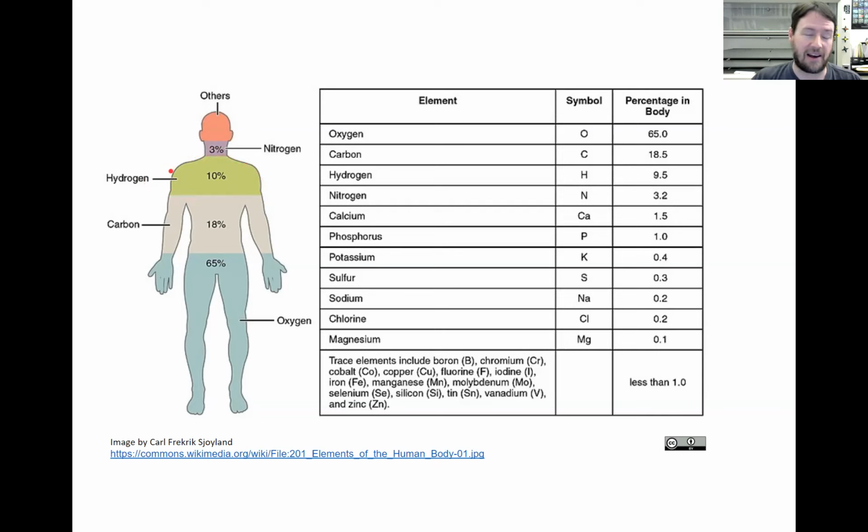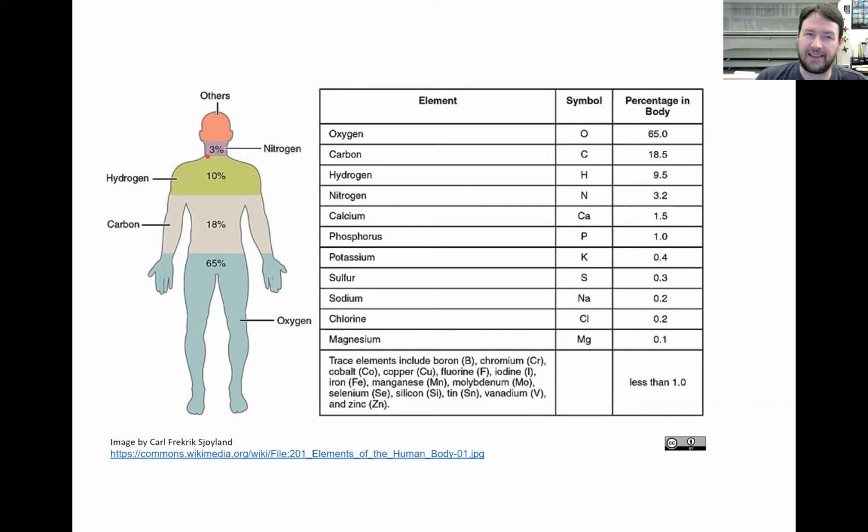There's 2 of them on every water molecule, and something like lipids or carbohydrates is going to have tons of hydrogen incorporated, but each hydrogen atom weighs almost nothing, it's basically just 1 proton. So that's why the overall contribution to mass is pretty minimal.